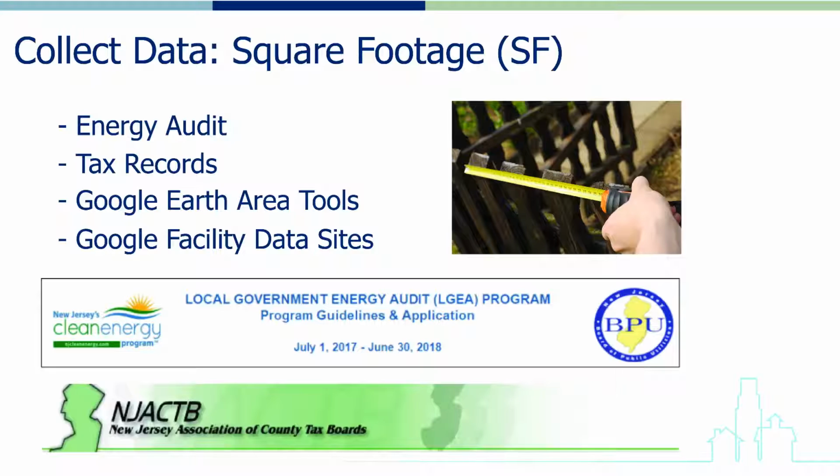In New Jersey, any prior energy audits can be found at the New Jersey Clean Energy Program website. The next method that can be used to obtain square footage is by gathering data from tax records, using the New Jersey Association of County Tax Boards information. A third method involves using the area tools on Google Earth, and a last method is to use Google directly or another search engine to find data on the facility's website, real estate websites, or a different source.